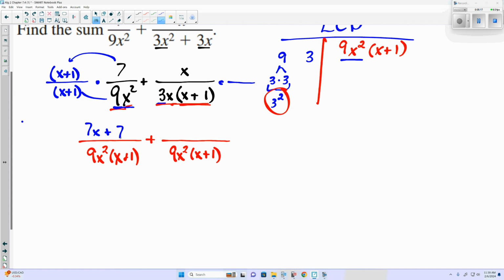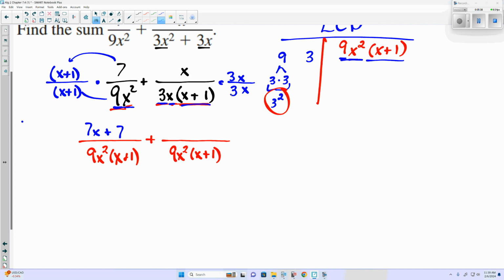So that's taking care of the one on the left. The one on the right, we have x plus 1 already. But we have x instead of x squared. So we have to multiply the top and bottom by x. This one here we have 3. We need it to be 9. Well, we also need to multiply it by 3.